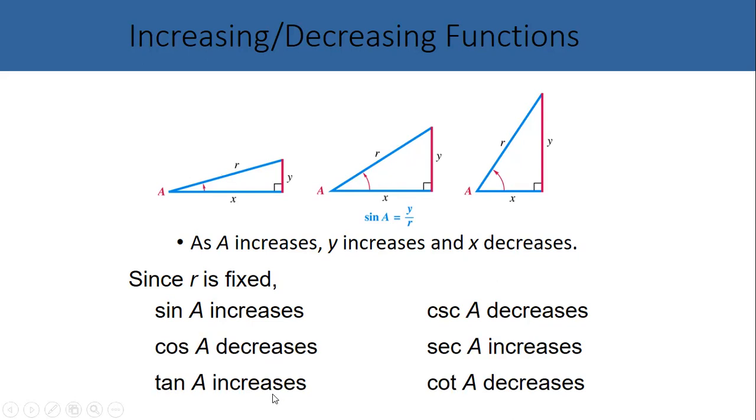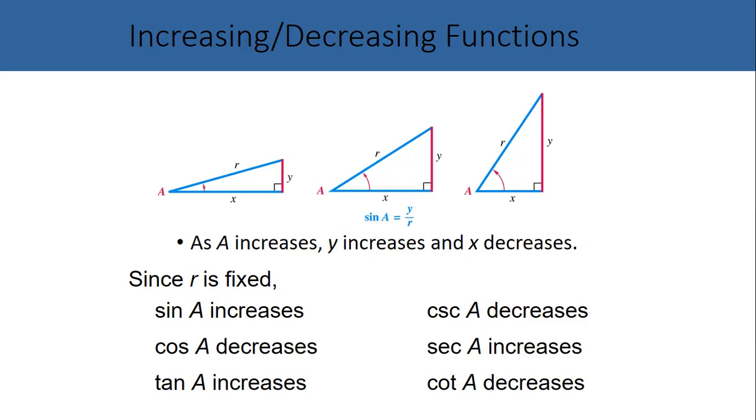Tan increases because Y is getting bigger than X. Cosecant does the opposite of sine: if sine was increasing, cosecant decreases. If cosine was decreasing, secant increases. They have opposite behaviors because they're reciprocals, so the numerator and denominator switch.